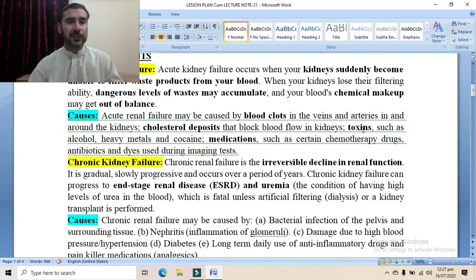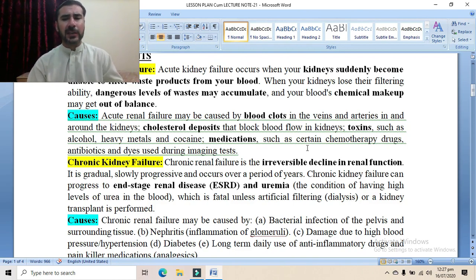Toxins are another reason. Long-term use of alcohol, similarly exposure to heavy metals for a long time, and similarly long-term use of cocaine may suddenly result in acute kidney failure.